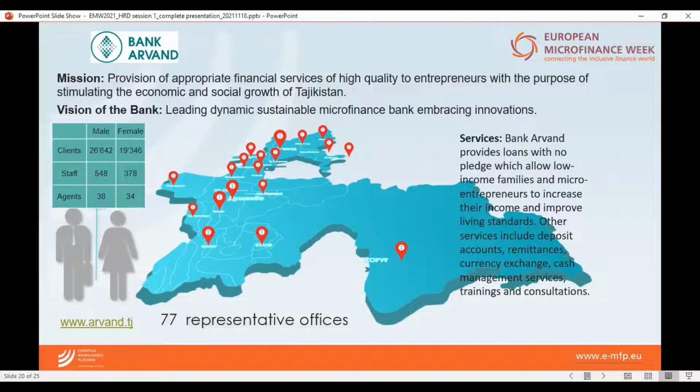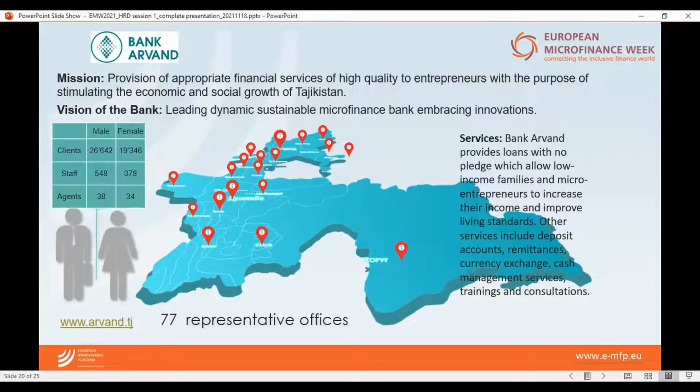The vision of the bank really is to be this leading dynamic sustainable microfinance bank, embracing innovations. And probably this is what we all need these days, innovations, the world that we are in. In terms of some numbers, Bank Arvand has 548 male staff members and almost 400 female staff members.